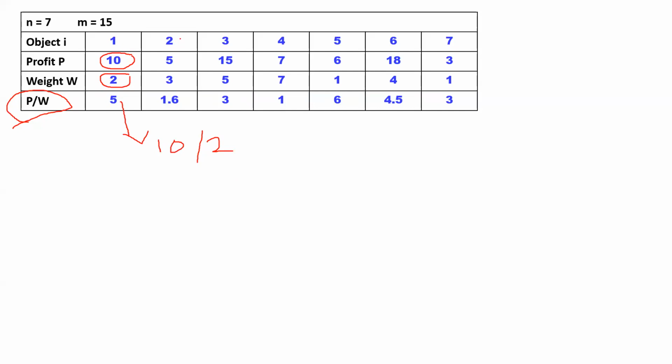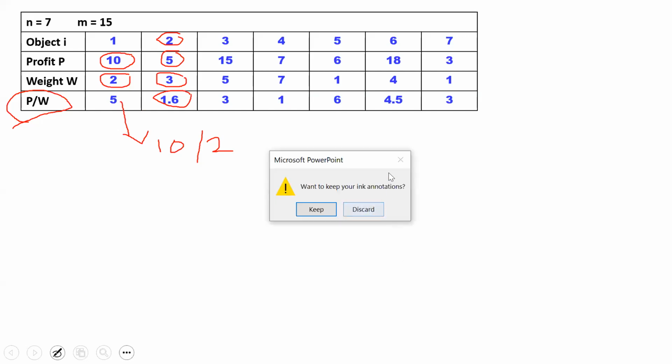Now here, this is object number 2, whose profit is 5, and you'll earn profit 5 for 3 kilos. Now, what is the profit for 1 kilo? 5 by 3, which is 1.6. So I have found out the profit by weight for all the n objects.